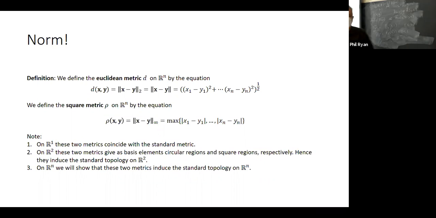Okay, so the idea of a norm is it's kind of better than a distance. You need a linear space for that, you need a vector space, and so that means you've got a zero. And so when you talk about a norm, you don't need two elements now.